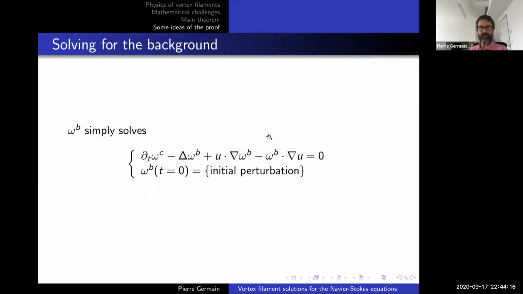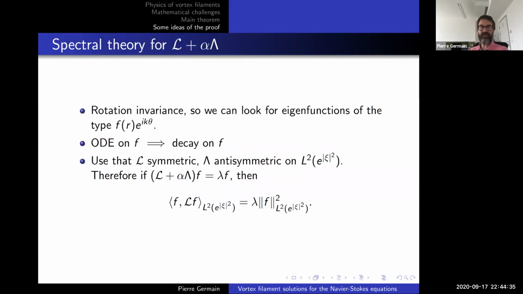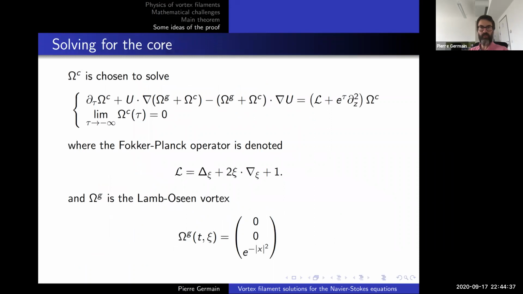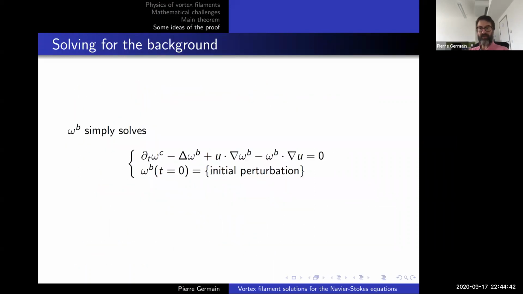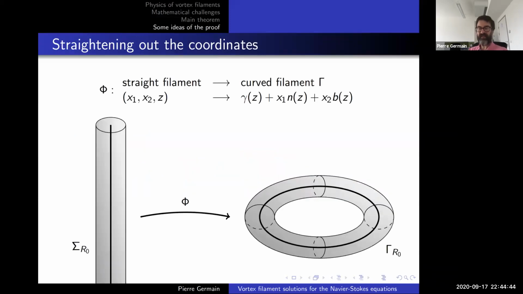So the background, once again, it's only connected to the core through the velocity u and Biot-Savart's law. So that's okay. Here there are other details which I also skip. So this tells you how to deal with a straight filament, but now the most interesting case is that of curved filaments.